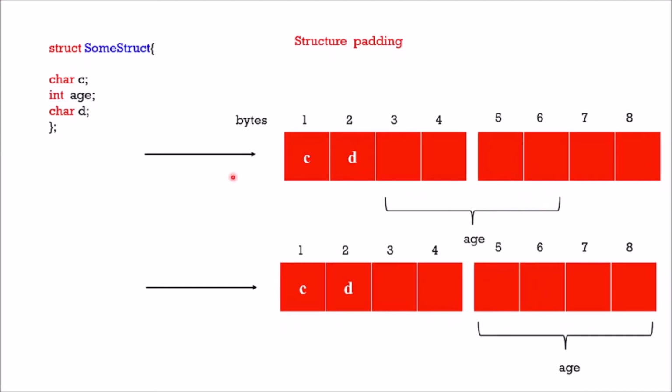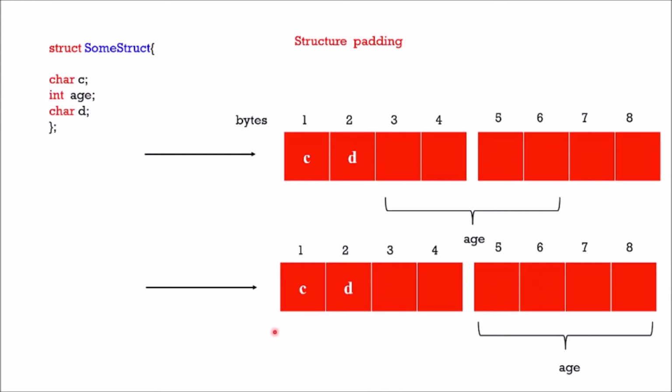So this somehow slows down the speed of your program. So basically, by default, the compiler arranges data in such a way that data types can be read in just one single cycle.